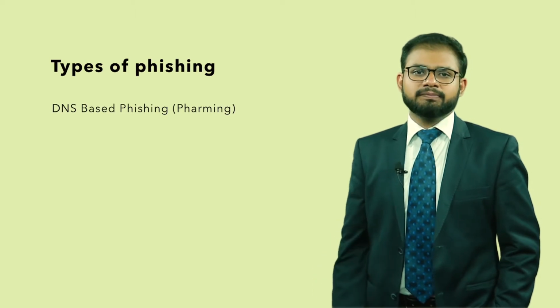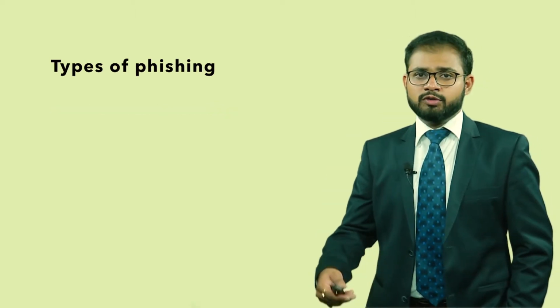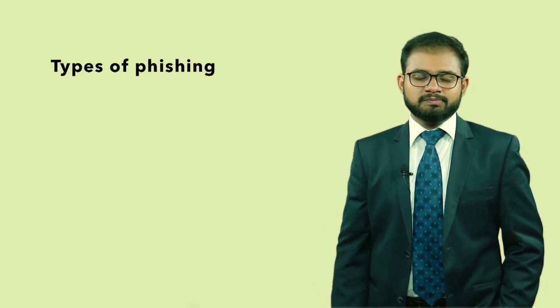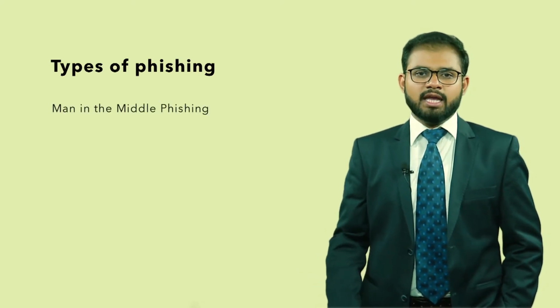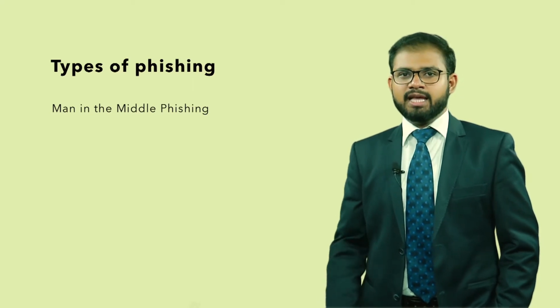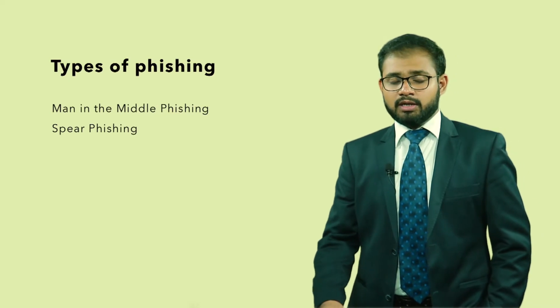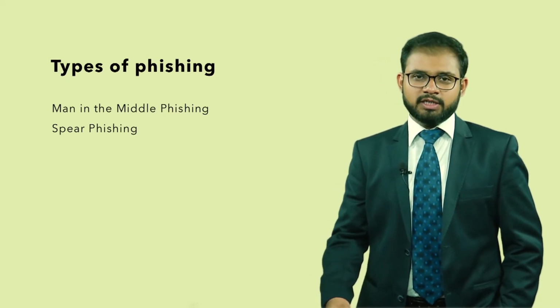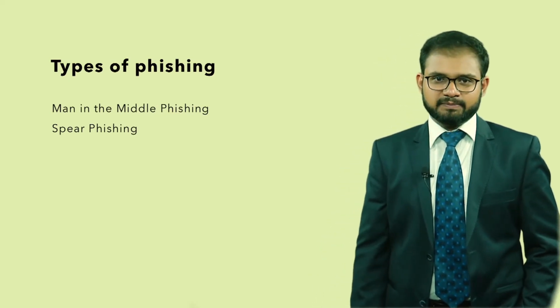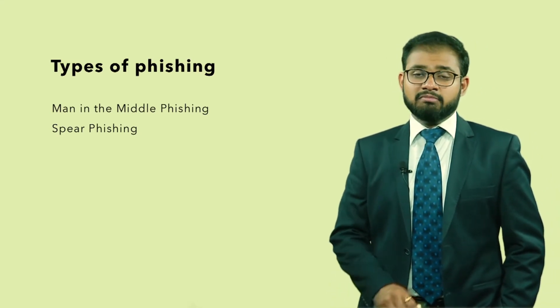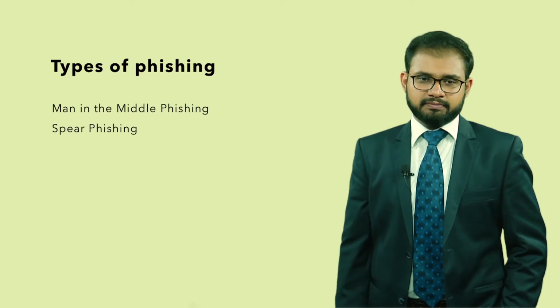Now moving on to two of the most modern day phishing attacking methods. One is the man-in-the-middle phishing, and the other is the spear phishing. Let us talk in detail a little bit about man-in-the-middle phishing. Man-in-the-middle phishing is harder to detect than many other forms of phishing.